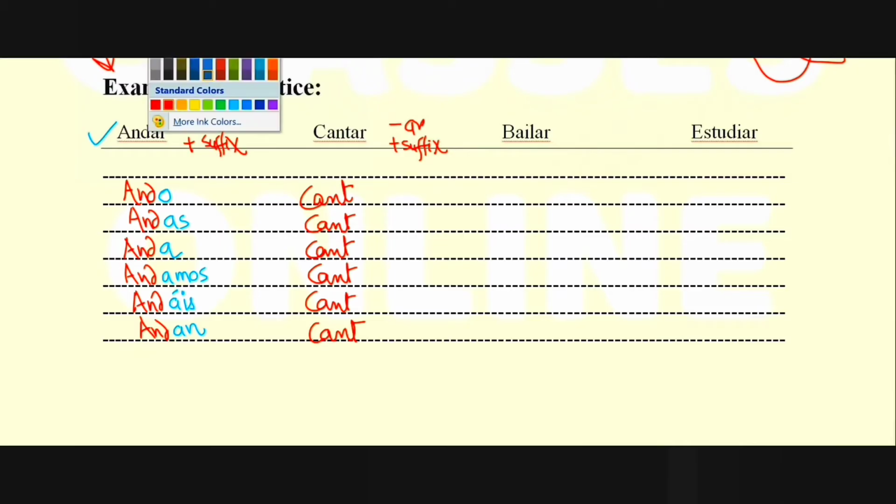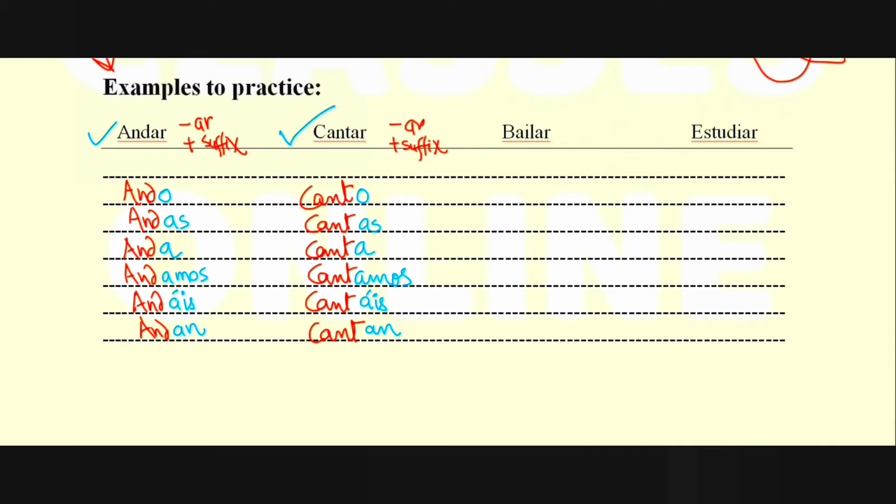Later, add suffixes in blue color: o, as, a, amos, ais, an. Canto, cantas, canta, cantamos, cantais, cantan. We have done cantar.